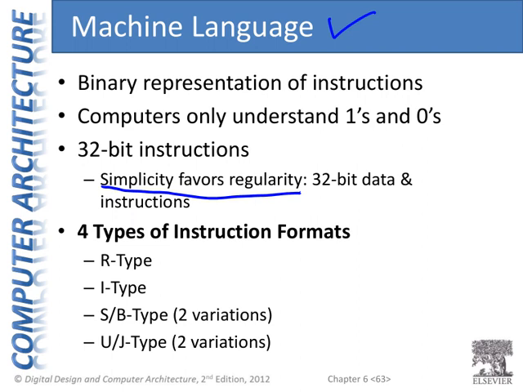So when we're fetching anything from memory, whether it's data or instructions, it'll be 32 bits wide. RISC-V has 4 types of instruction formats: R-type, I-type, and the S/B type and U/J type. These last two really have 2 variations each, and we'll talk about that in a moment.